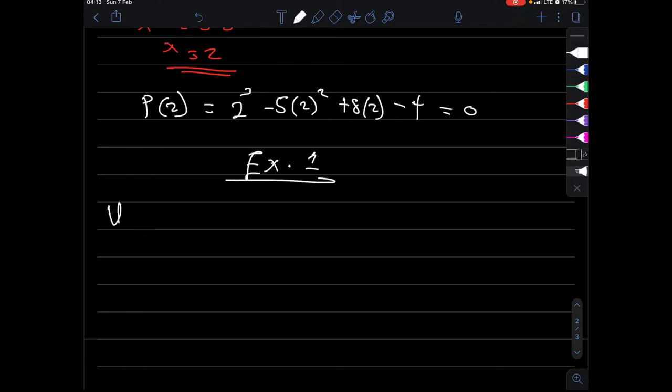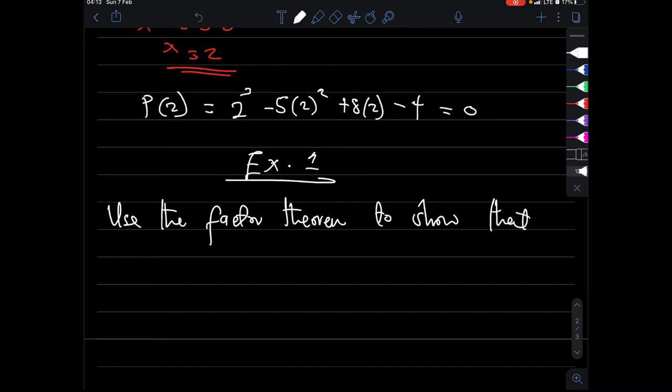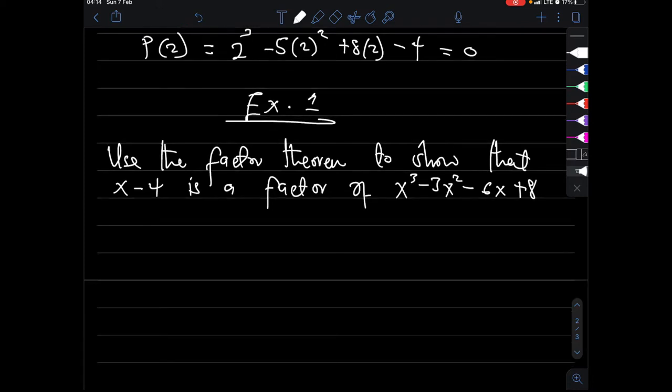It says: use the factor theorem to show that x minus 4 is a factor of x cubed minus 3x squared minus 6x plus 8. Okay, so what do you do? Solution.